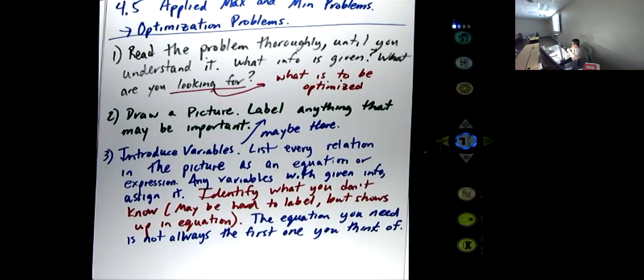Maybe I should have pointed this out before the last test. We had that ladder problem, the ladder sliding down the wall. Most people drew a triangle. A lot of people chose to focus on the area of the triangle, 1/2 base times height, and we didn't have any information on the area.